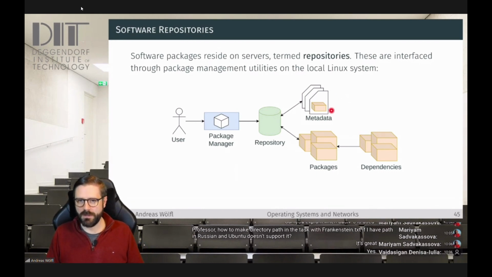This is in the metadata. So when a user wants to install a package, it uses the package manager. The package manager downloads the metadata to the laptop. So this is not done like in real time. So you need to download the metadata first to your computer, and the package manager reads from this metadata all the information on the repository.